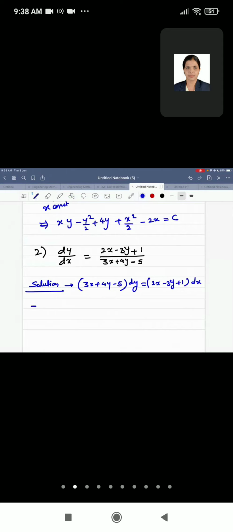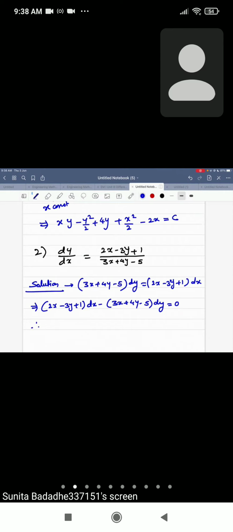Now let me write it in the appropriate order: (2x minus 3y plus 1) dx minus (3x plus 4y minus 5) dy equal to 0. Now please find partial M by partial y and partial N by partial x.